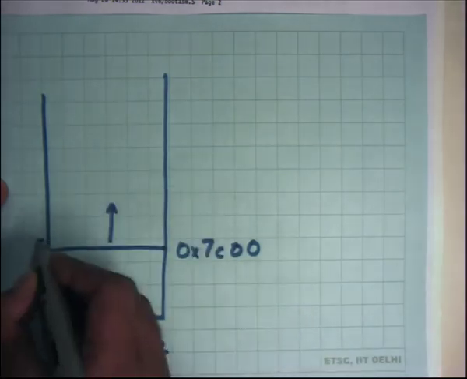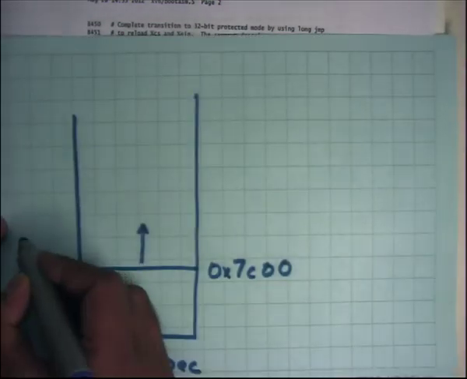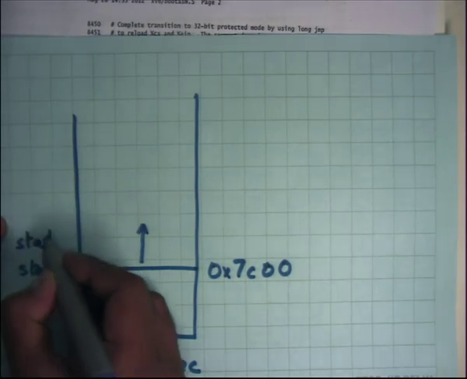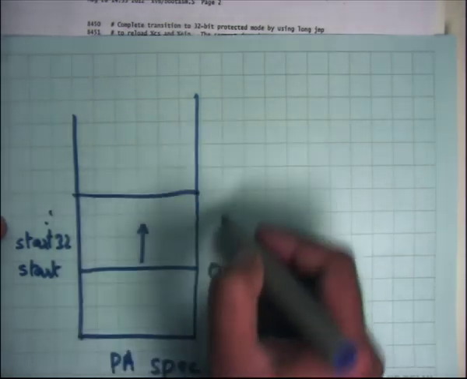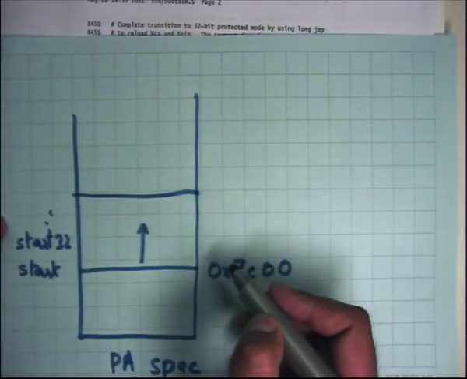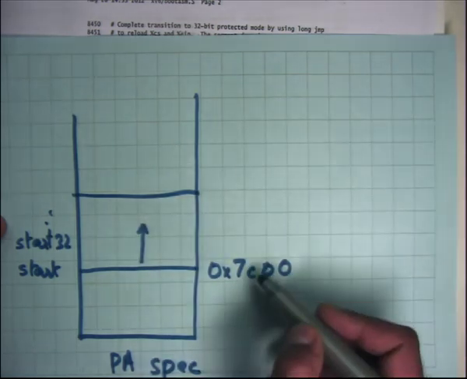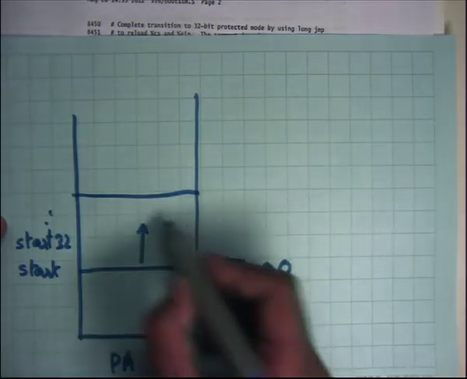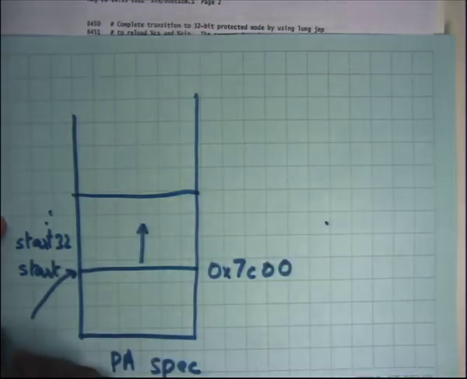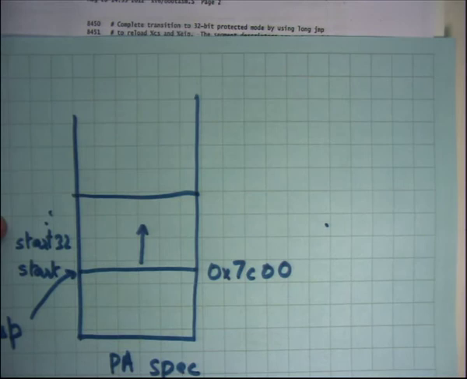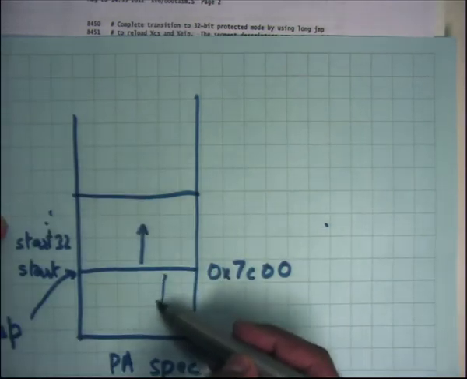So this is start, and somewhere here is start 32, up to 512 bytes. All this is living in this area, and what I did right now was I set my ESP register to point to this location. And recall that the ESP grows downwards, so all this area here can be used as a stack now.